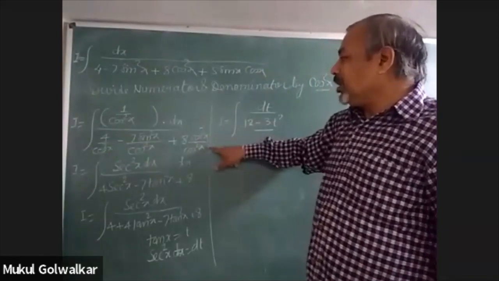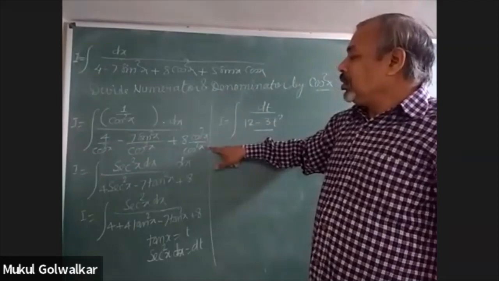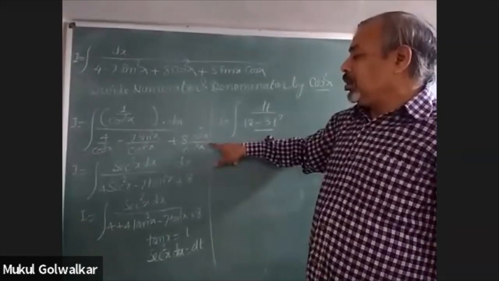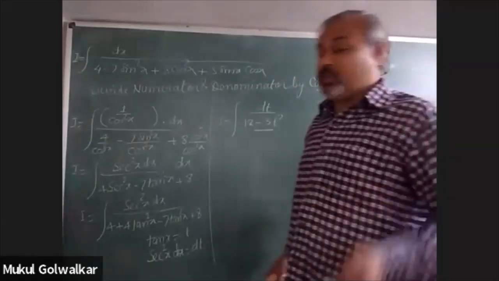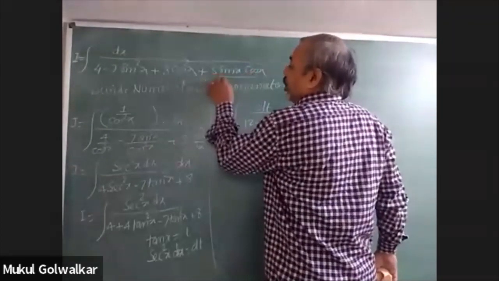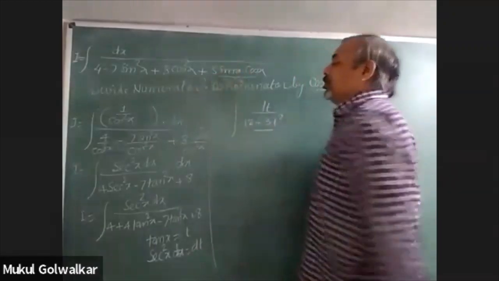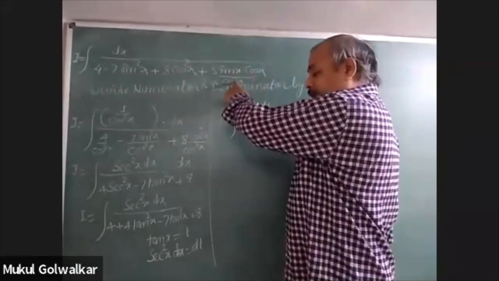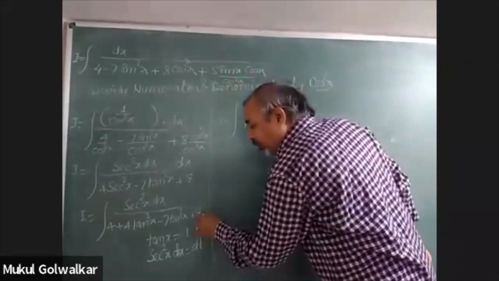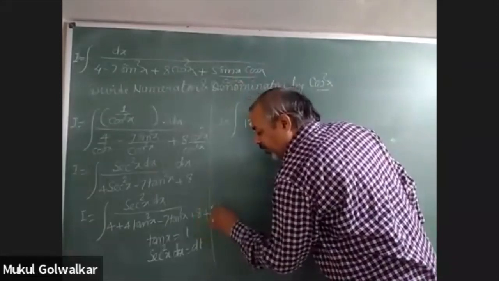What will be that term, Atharva? Apart from these three terms, what will be one more term? When you divide this 5 sin x into cos x by cos square x, what will happen? You will be getting the quantity like 5 tan x. So along with this, you will be getting the term like 5 tan x.